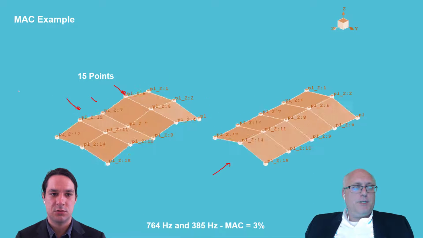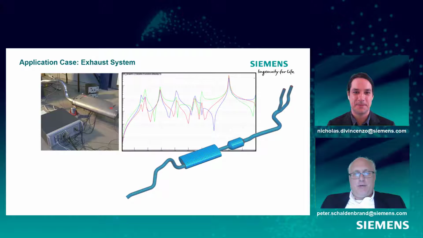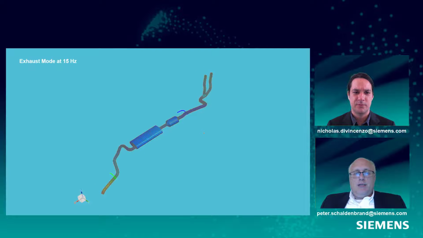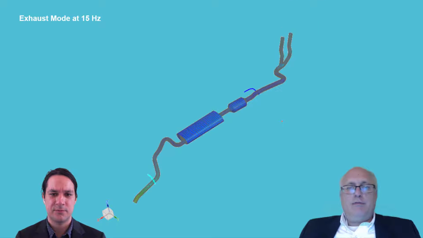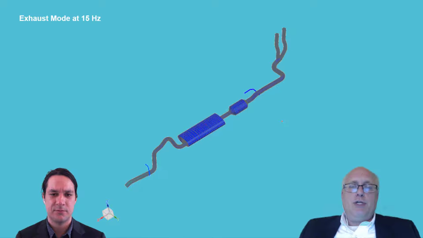Yeah, that sounds pretty elaborate there, Nick, but I think I follow what you're saying. So let's maybe do an example case here where we got an exhaust system. The question would be, I'm going to do a correlation study.